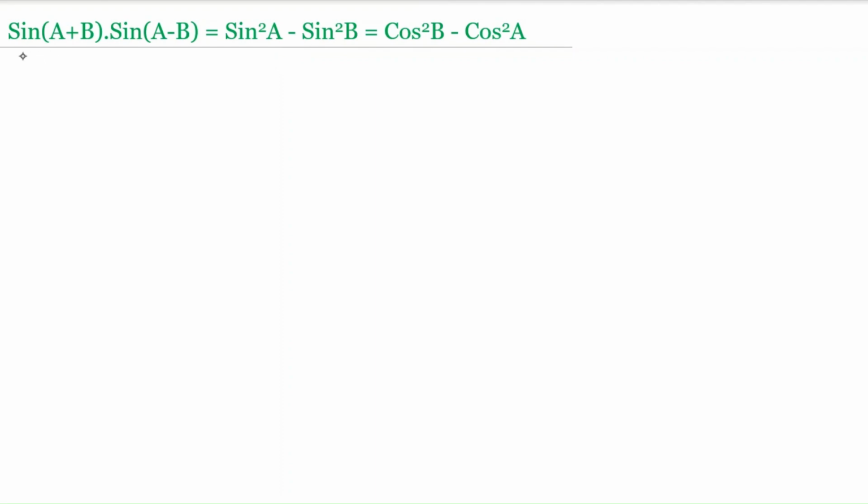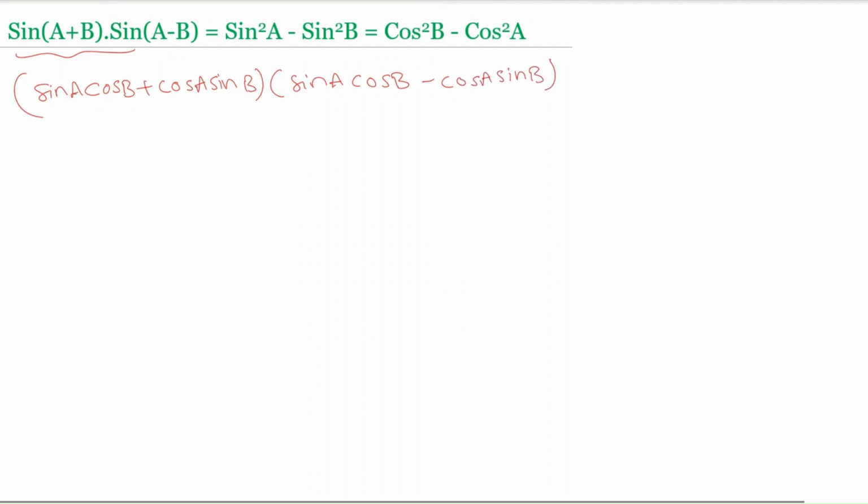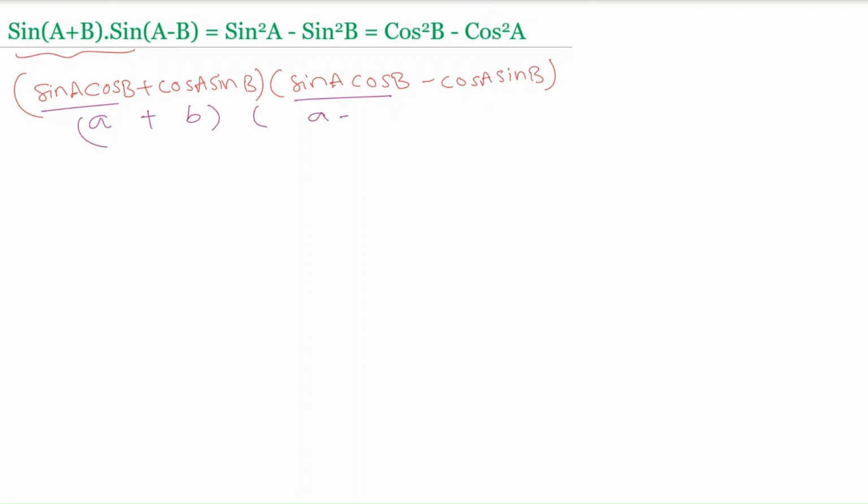Now we'll substitute the formulas for these two, that is, sin of A plus B is sin A cos B plus cos A sin B. This entire thing into sin of A minus B, that is sin A cos B minus cos A sin B. Now if we check this, the first term sin A cos B is here, here also it is sin A cos B. So a plus here, cos A sin B, here also cos A sin B. So (a plus b) into (a minus b) is nothing but a square minus b square.